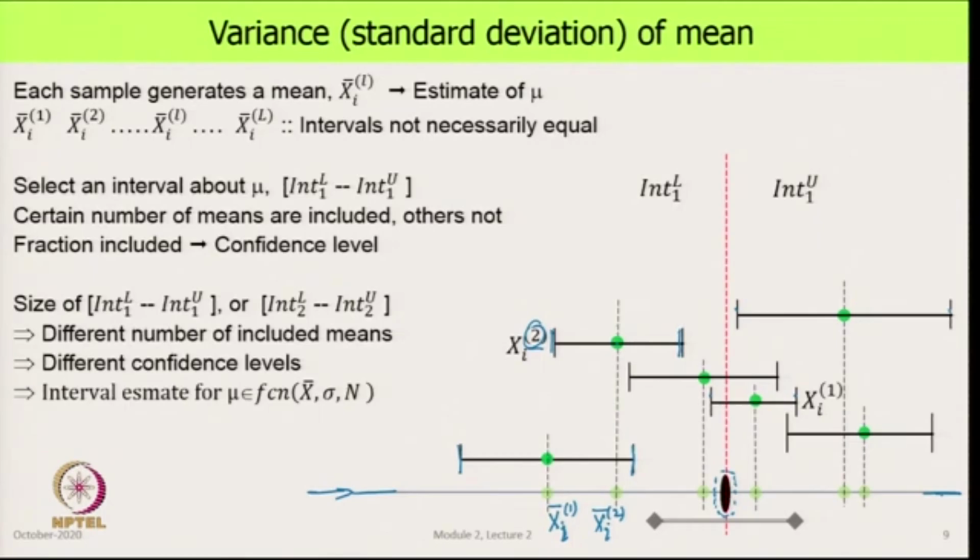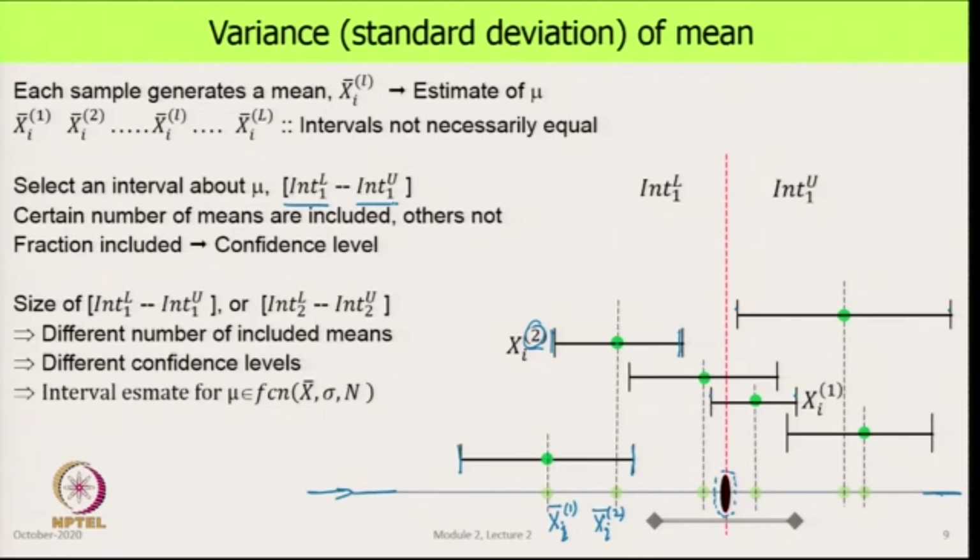So, then we say, how can I predict where this thing lies? And for that, what we say is that we will make a band which has two limits, a lower limit and an upper limit. So, this is an interval 1, upper limit.